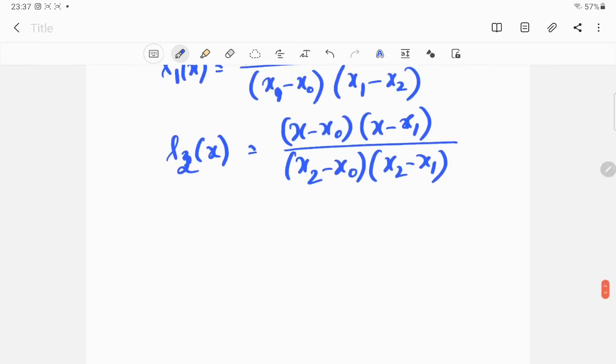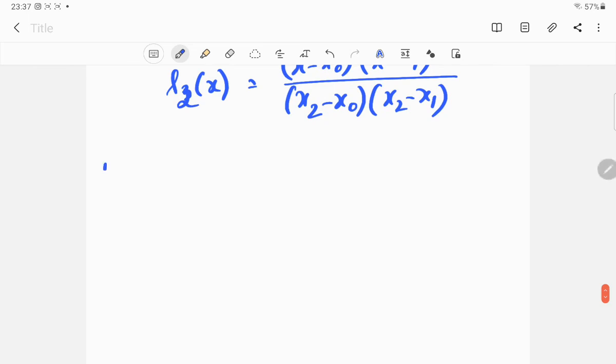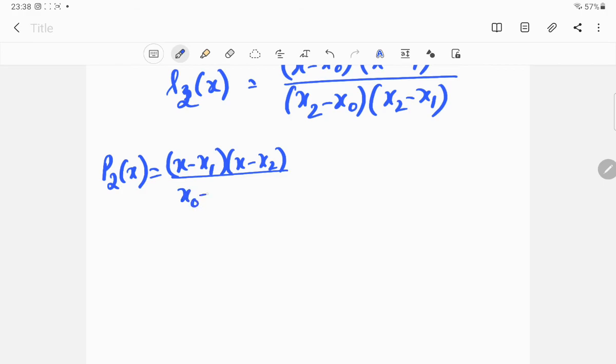So when we write the final polynomial, how will it look? P2(x) is equal to x minus x1, x minus x2, x0 minus x1, x0 minus x2. You should be able to write it without looking into your notes. So you need to practice it in such a way.